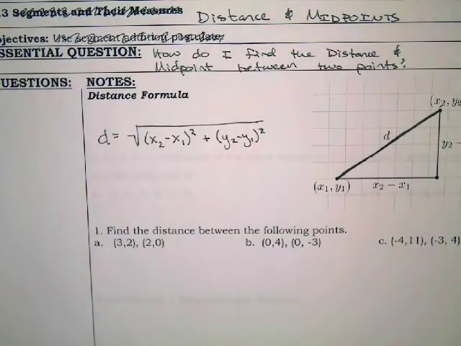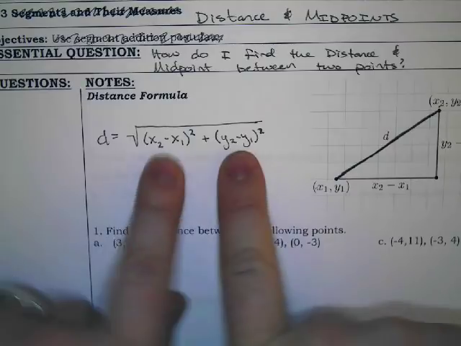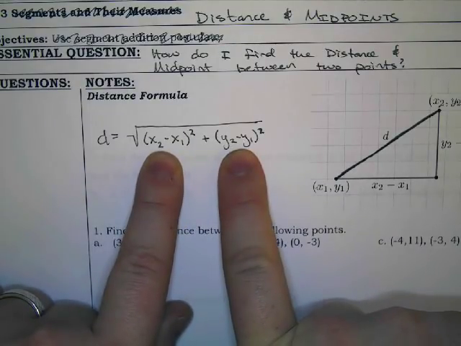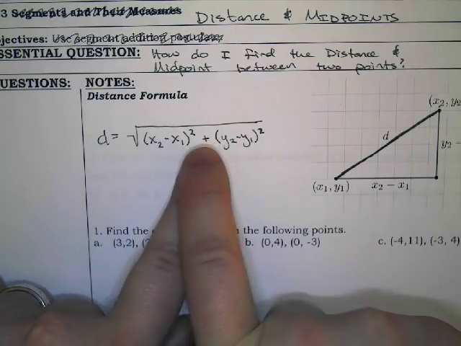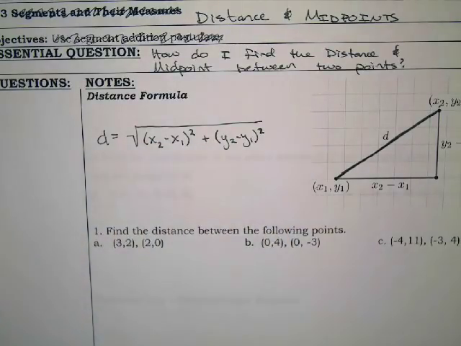So we'll have to use our order of operations. So we'll do both subtractions first. Then we'll square both numbers. Then we'll add the two together, and then we take the square root.